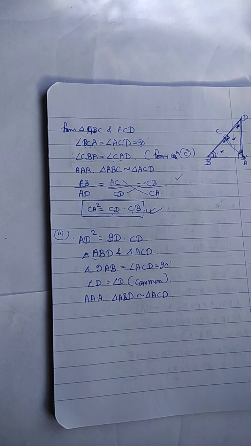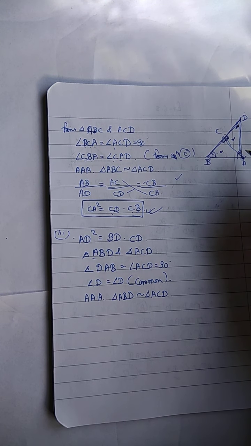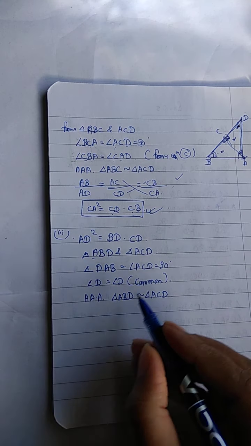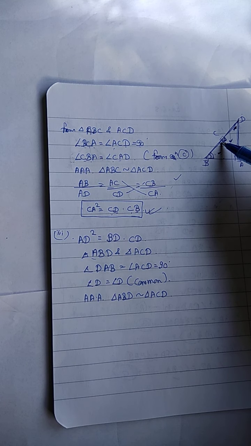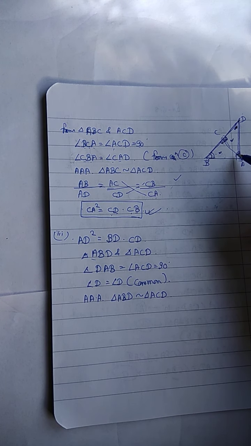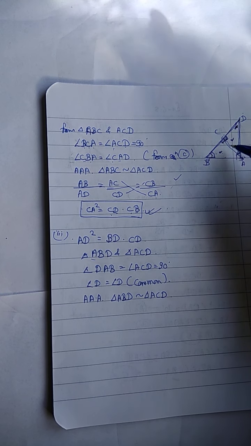If they are similar, that means their corresponding sides are proportional, correct? Since this is 90 degree, first we will take ABD.